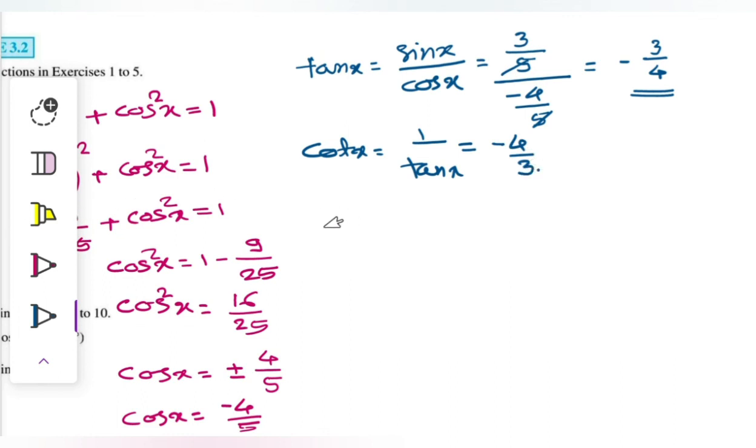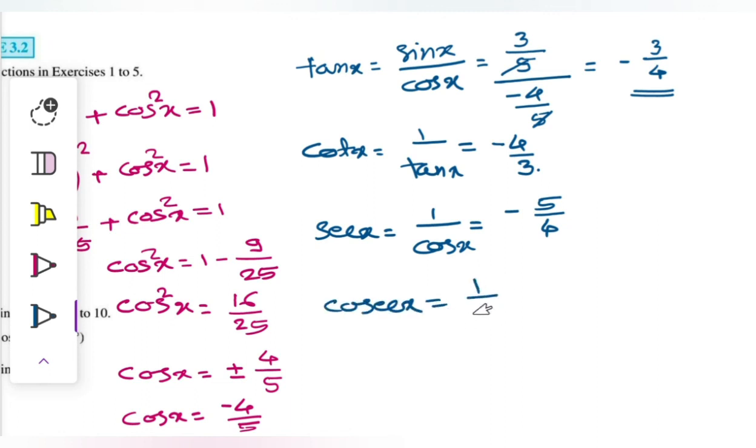Sec x is the reciprocal of cos x, that is 1 by cos x. We have the value of cos x as minus 4 by 5. Therefore, sec x is minus 5 by 4, and cosec x equals 1 by sin x.